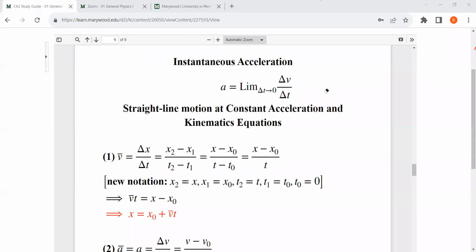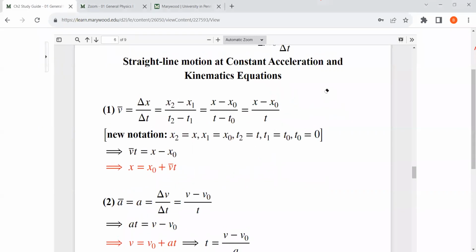Now the next thing is 4 important equations. To solve problems, we need some equations. All the things you learned so far can be summarized into 4 equations.